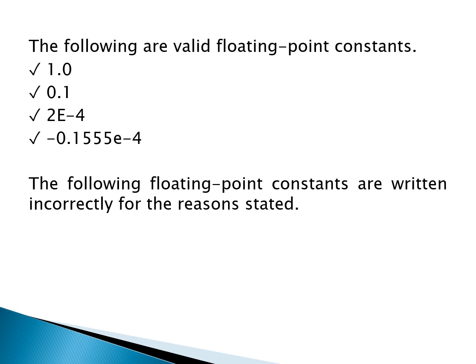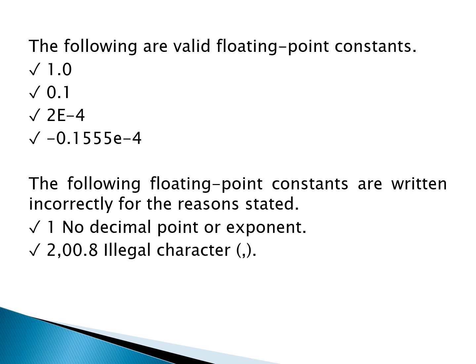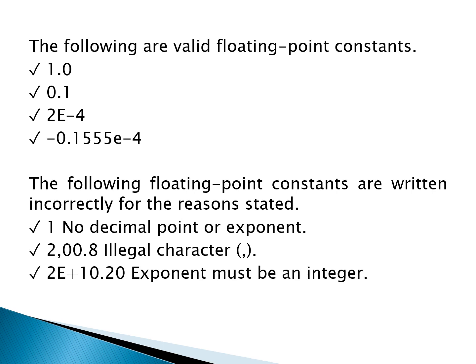Then some of the invalid floating point constants are 1, because it does not have a decimal point or an exponent. Then 2,0.8 is illegal because we have used a comma. Then 2e+10.20 is illegal because the exponent must be an integer, it cannot be a decimal. Here we have used 10.20, which is illegal.